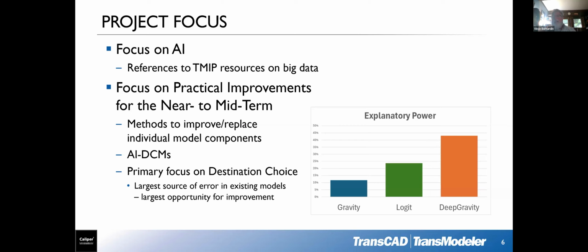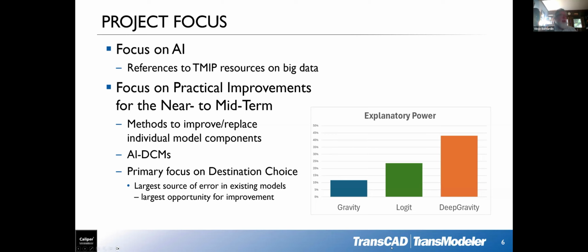In particular, we're focusing for this project on their application to destination choice, because we see it as the largest opportunity for gain. Traditional methods, even some relatively simple nested logit models, can do a decent job with things like mode choice, but for destination choice, there's a lot of room for improvement.